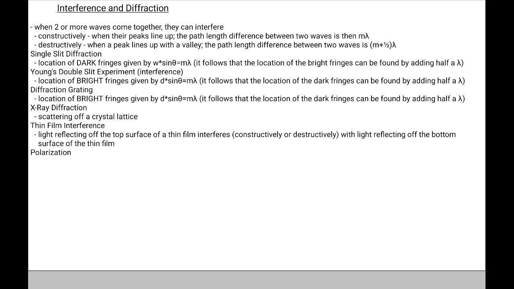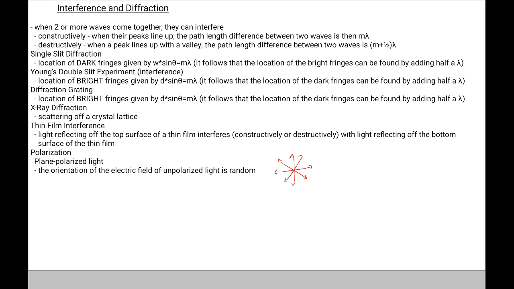Then we have polarization. Polarization has to do with the orientation of the electric fields in the electromagnetic waves. There is something called plane polarized light. If the orientation of the electric field is random, then we call that unpolarized light, and we draw that like this. This is unpolarized because the electric fields are pointing every which way.